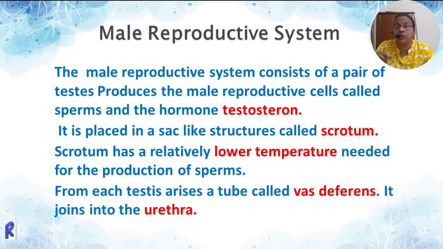But just before or soon after birth, the testicles will descend and be positioned in the lower region of the body in a sac-like structure. That sac-like structure is called the scrotum. So a pair of testes is enclosed in a sac-like structure called the scrotum.